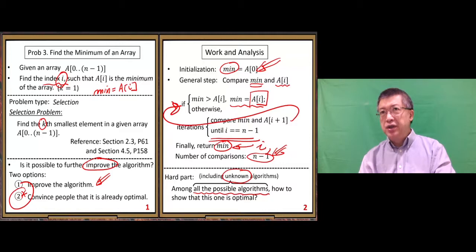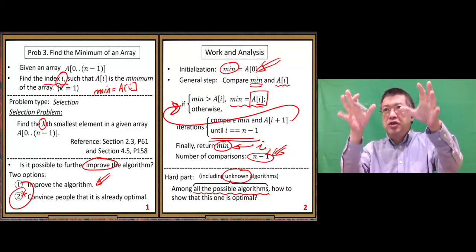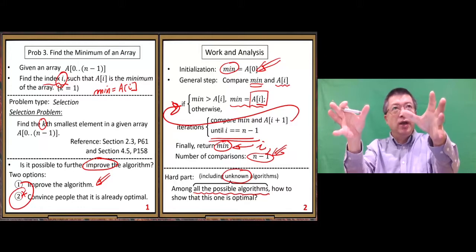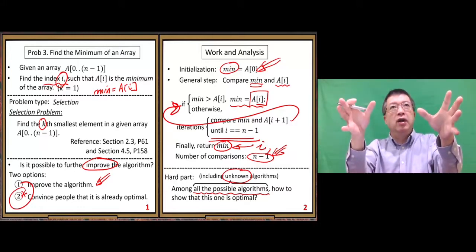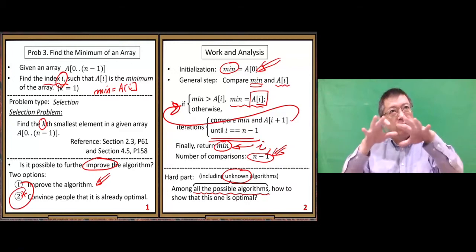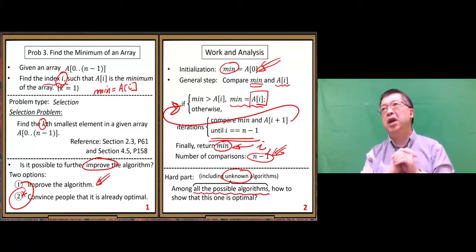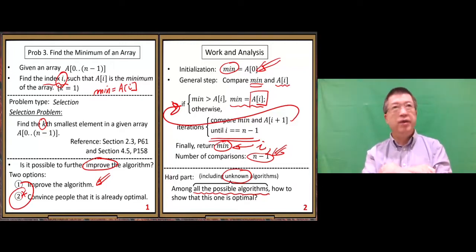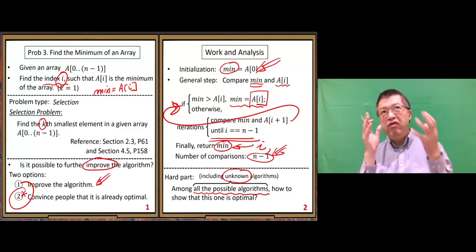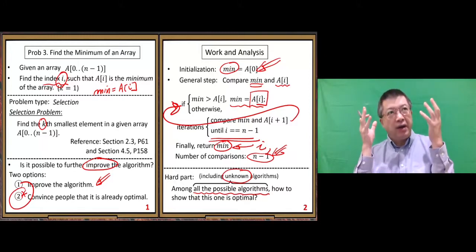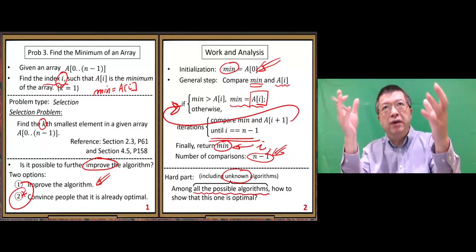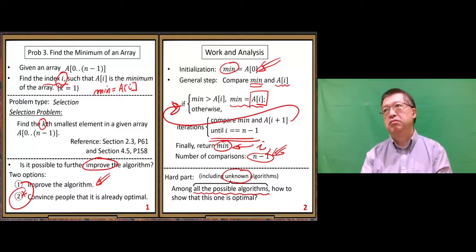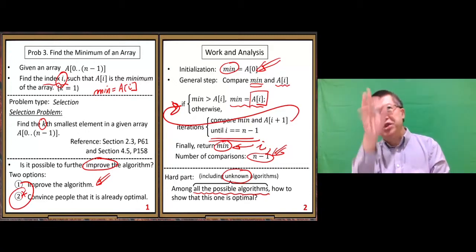Why? Because we can catch some critical property. This property can cover all the algorithms that solve this particular problem, including unknown algorithms. Even if we don't know the details of those algorithms, we find some property that can cover those unknown algorithms. In our next slide, we will see it.